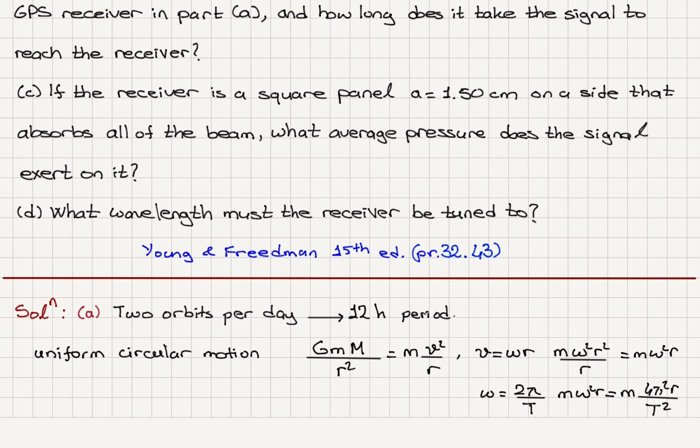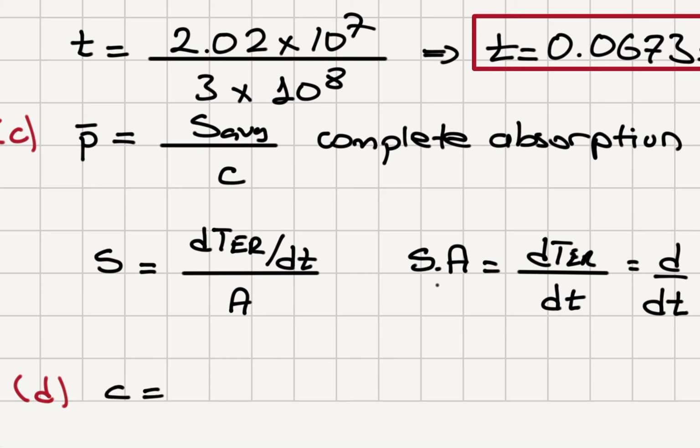Part D, what wavelength must the receiver be tuned to? Well, the speed of light, c, is equal to the wavelength times the frequency. So the wavelength is the speed of light divided by the frequency f.